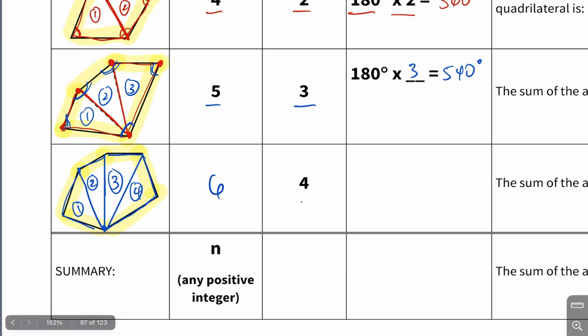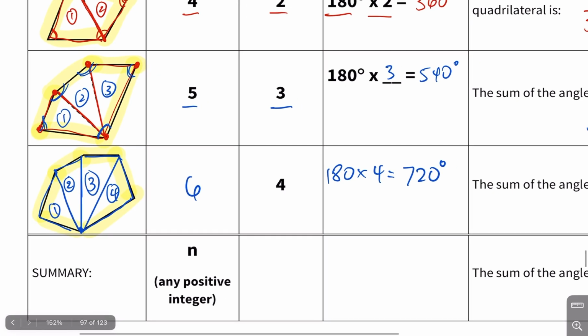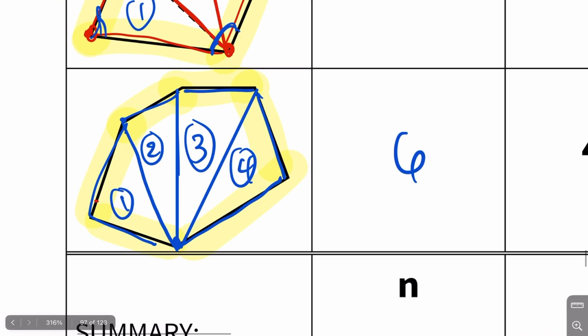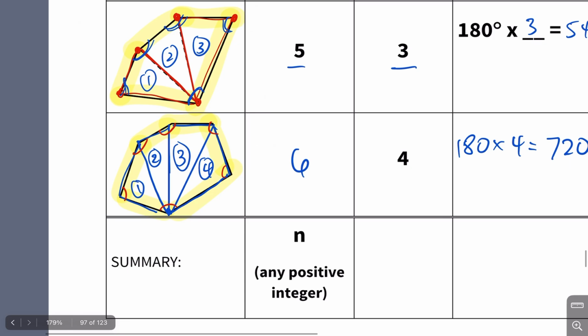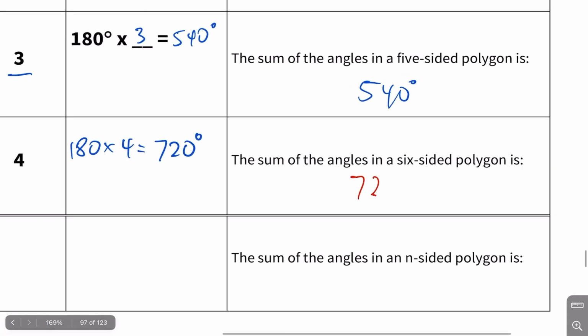For a shape with 6 sides, I have 4 triangles, and if each triangle has 180 degrees for the sum of all its angles, then when I multiply it by 4, I get 720 degrees. So the sum of all the angles inside 4 triangles is the same as the sum of all the angles inside this 6-sided shape: 720 degrees.